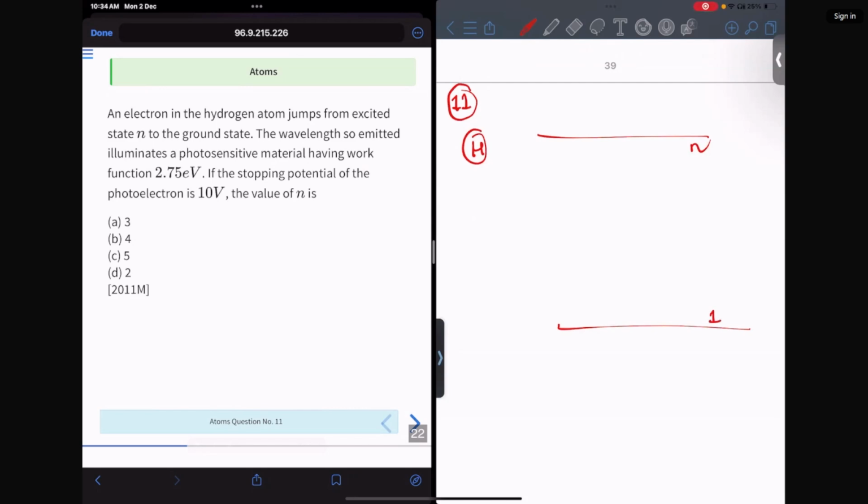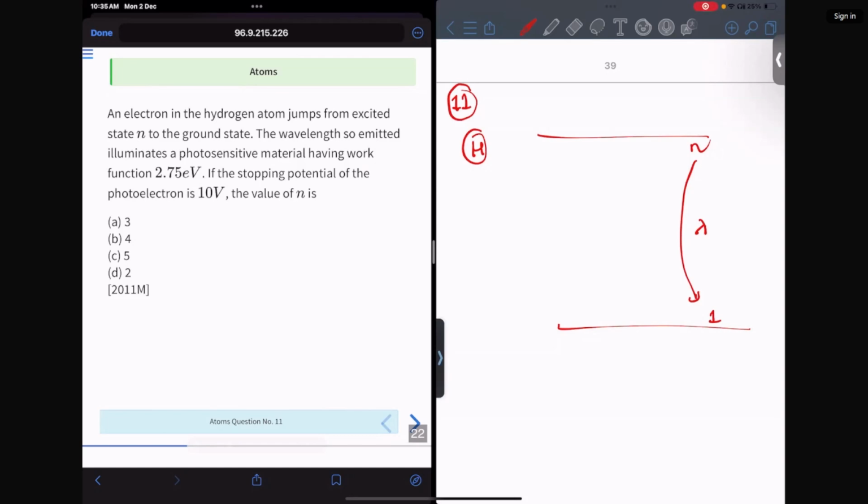The wavelength so emitted illuminates a photosensitive material having a work function of 2.75 electron volt. If the stopping potential of the photoelectron is 10 V, what will be the value of N here?